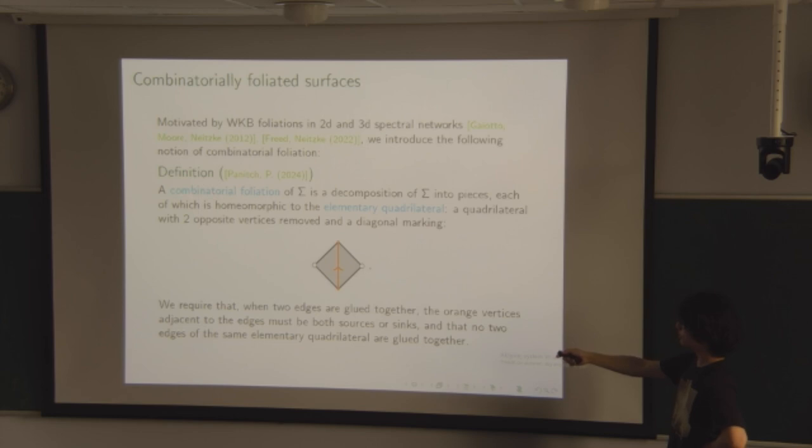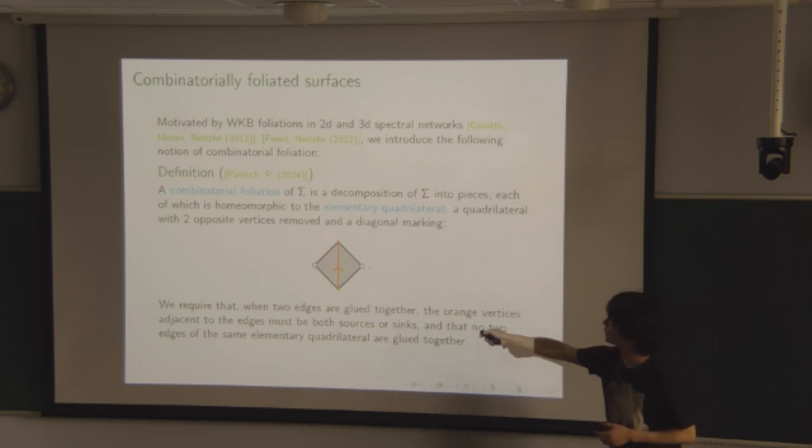Okay, so what's a combinatorial foliation of a surface? It's a decomposition of a surface into pieces, each of which look like this. So it's a quadrilateral with two punctures. Two of the vertices are punctures. And we're also putting an orange marking going from one vertex to another.